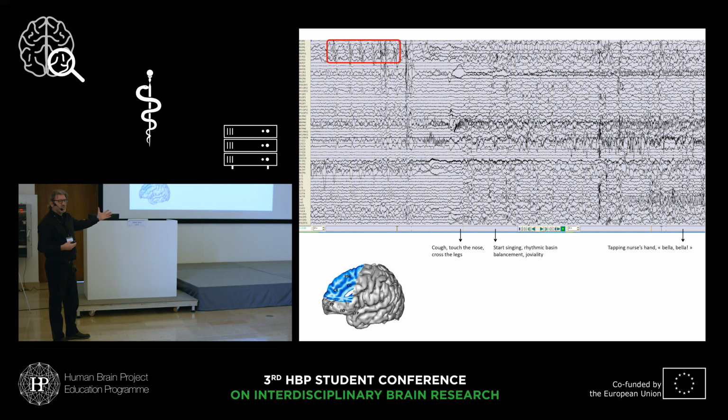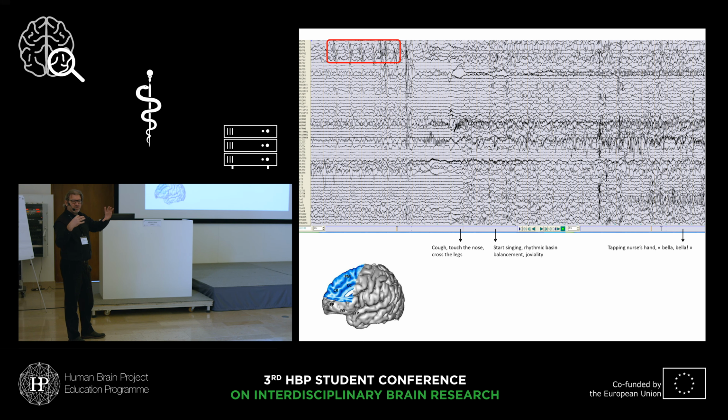Typically, a patient has between 7 to 15, up to 20 of these electrodes. So this gives you a sampling of up to 200, 250 points in the human brain.